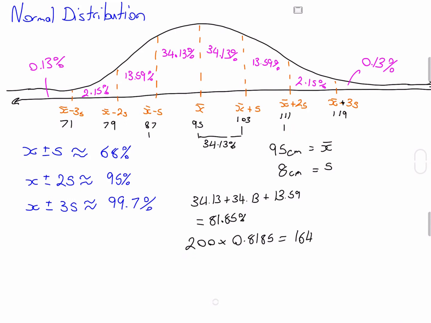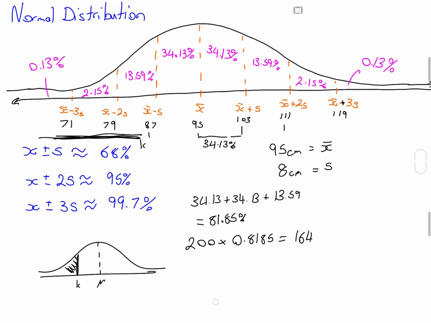The final question: find the value of K such that approximately 16% of the chest measurements are below K centimetres. So we're trying to find somewhere over here a point K that will add up to 16%. If I was to draw it out quickly, this is going to be K and our mean will be here.